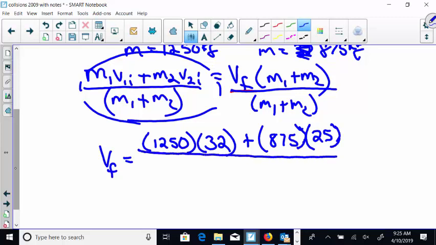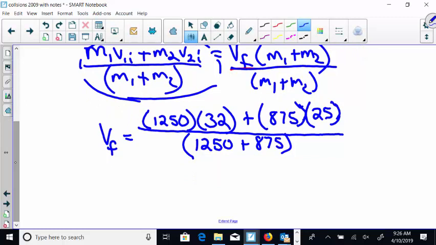All of that is over the two masses added together. Now you can pause the video and do the calculation. But your final velocity should come out to be 29.1 meters per second.